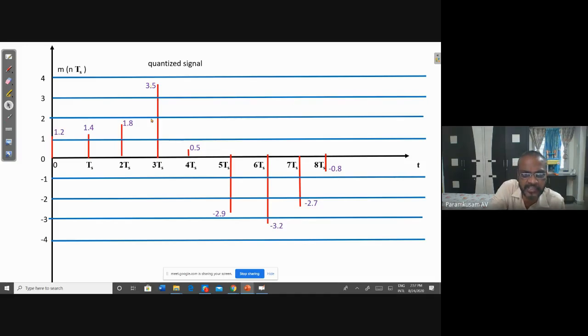Listen carefully to exactly what the quantization process is. Suppose you take any sampled value, that sampled value is approximated to the nearest quantization level. Here, suppose 1.2 lies between 1 and 2. Then 1.2 is approximated with the mid value of that interval.